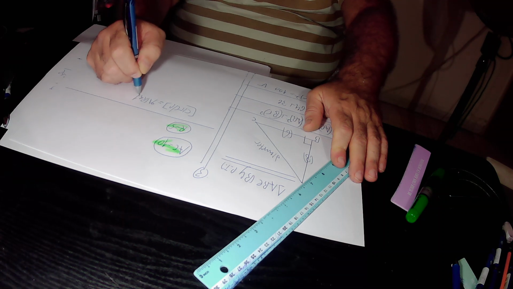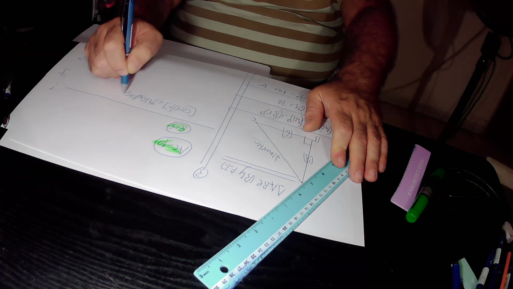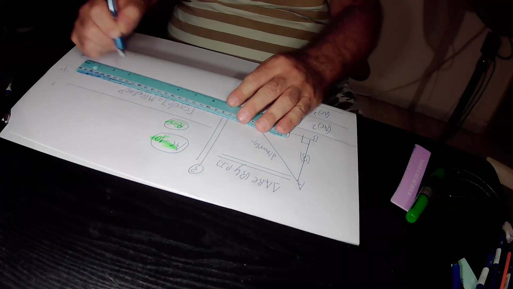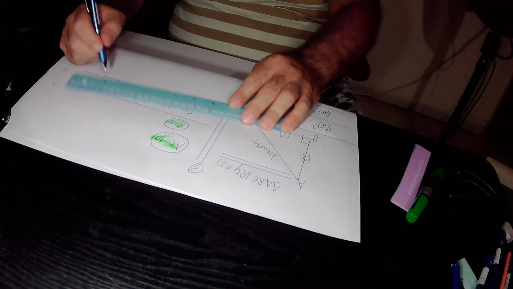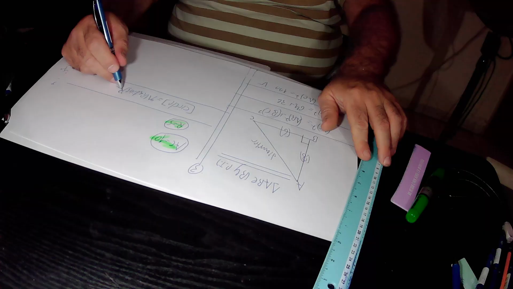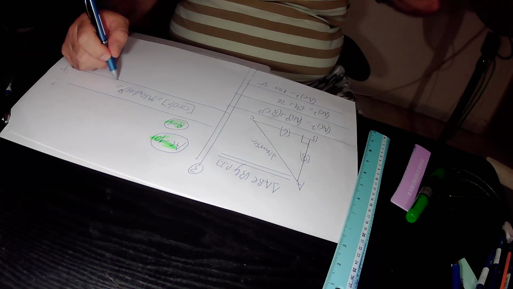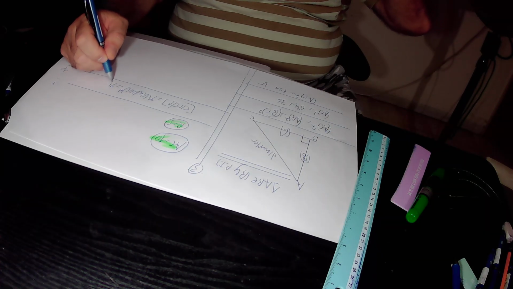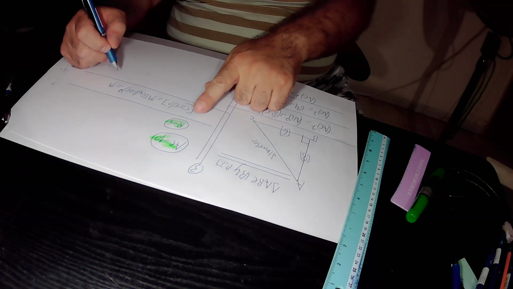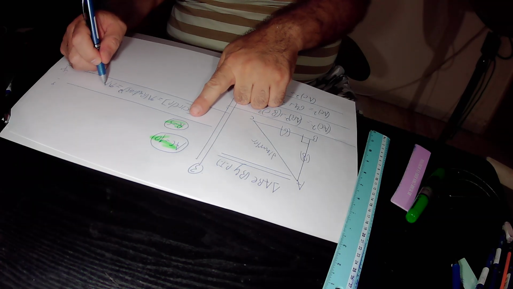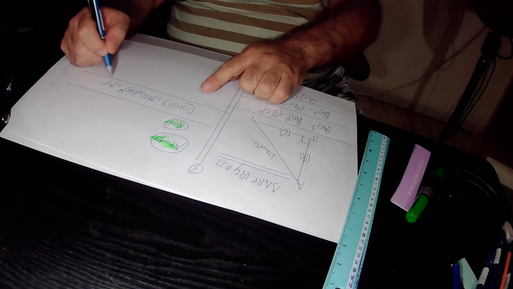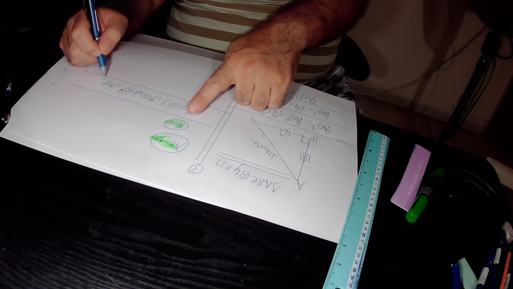Repeat again, the area of any circle equals pi times the radius of the circle squared. And therefore, the area of our circle must be equal to pi times the radius of our circle squared. The radius of our circle squared is r squared. So the area of our circle must be equal to pi r squared. But r is 5, therefore r squared is 5 squared, that is 25.